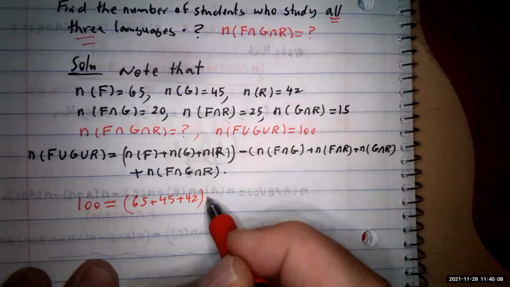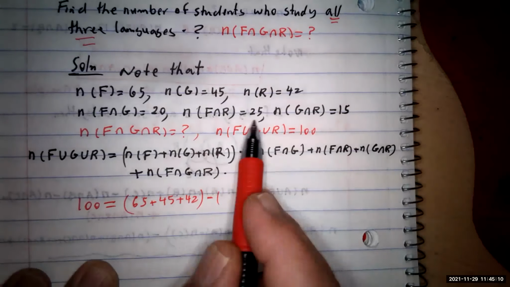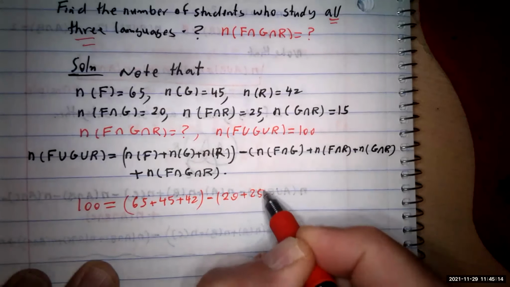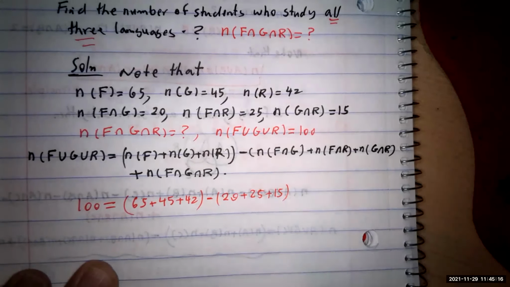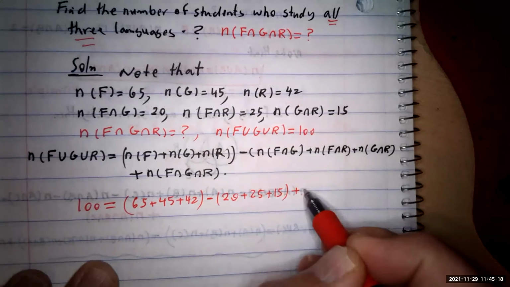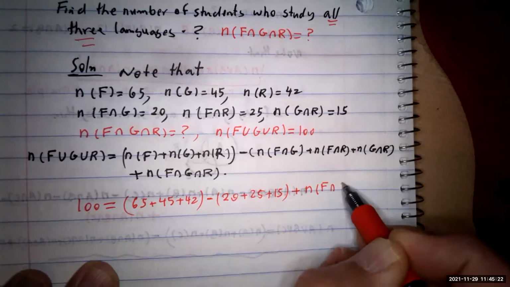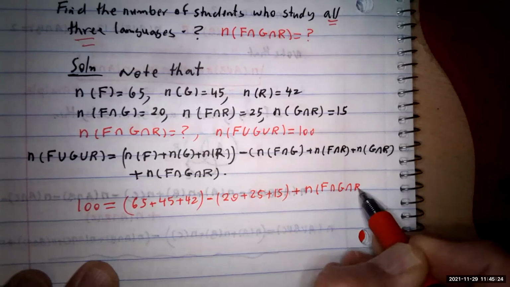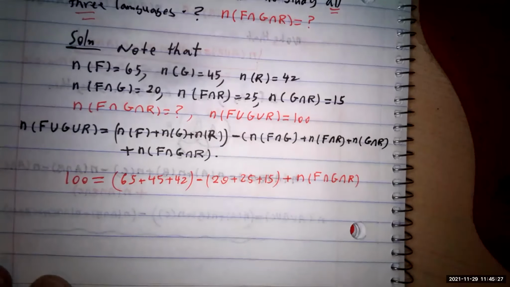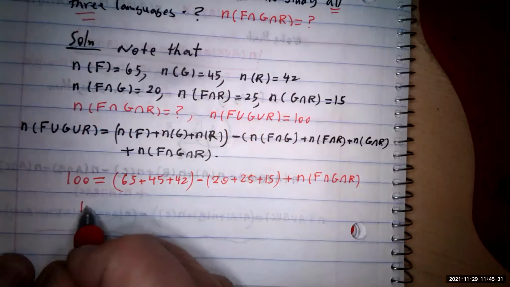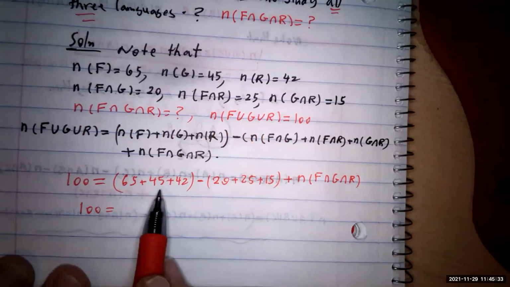Then the 2 by 2 ones, we have 20, 25, and 15. Okay, and this is the unknown for this problem. Any question? So we substitute whatever we have.